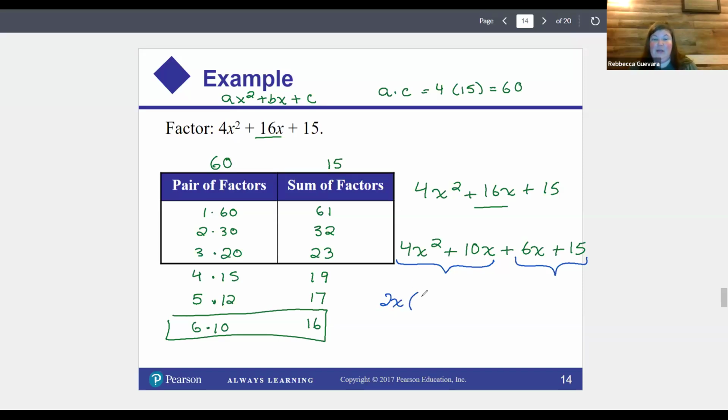If I factor it out, I'm just left with 2x plus 5. Over here, if I look at these two, I can factor out a 3. If I factor out a 3, I'm going to be left with 2x plus 5.